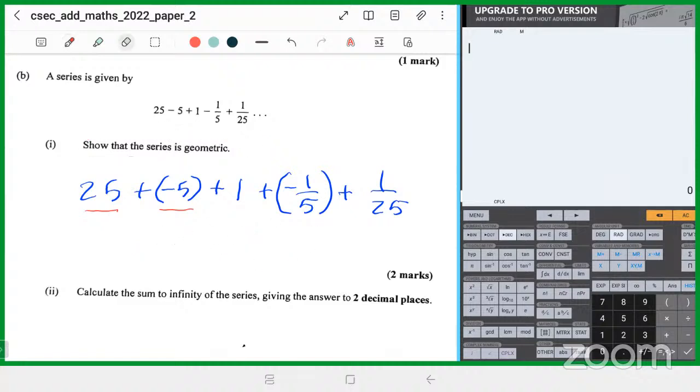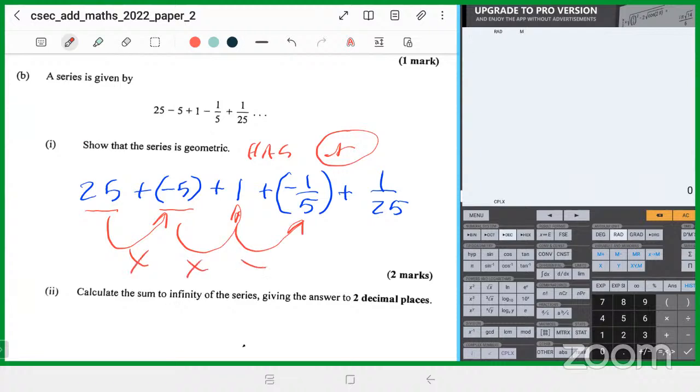A geometric series has a ratio, something that you keep multiplying by to go from term to term. You keep multiplying by this one constant value. What is that value? Negative 5?